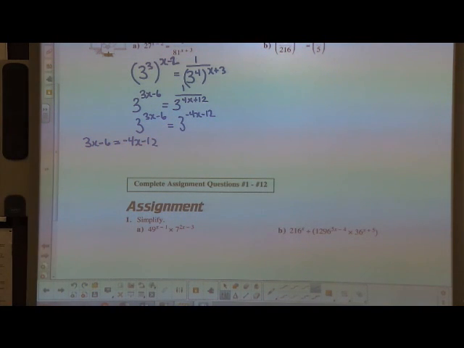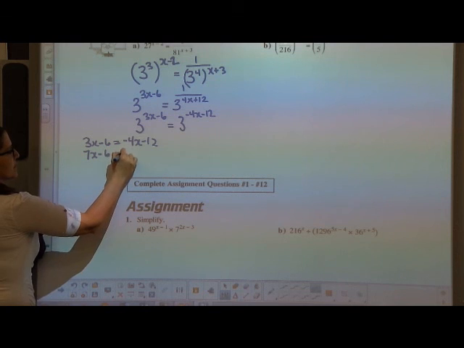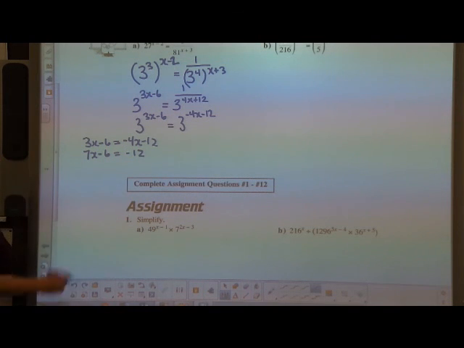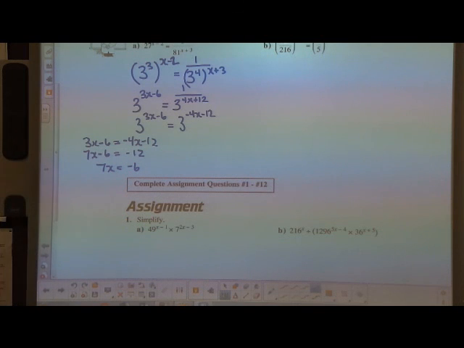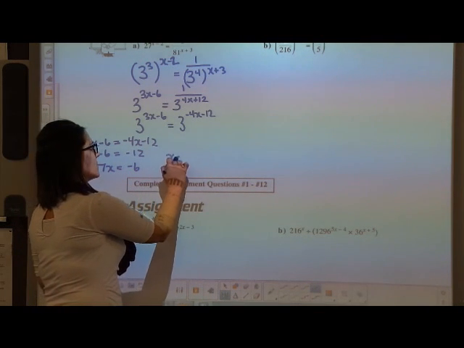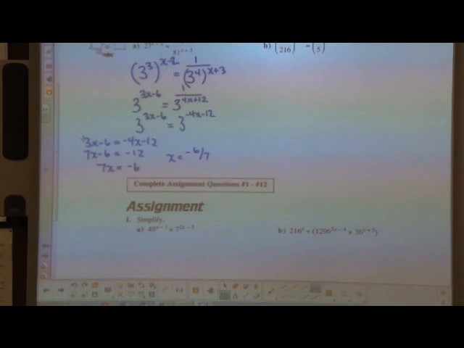Probably easiest to add 4x to both sides because I'm dealing with positives. So 7x minus 6 equals negative 12. Add 6 to both sides, and I get negative 6. So x becomes negative 6/7. And I could check this by putting negative 6/7 into the exponents and seeing if the left-hand side does equal the right-hand side.